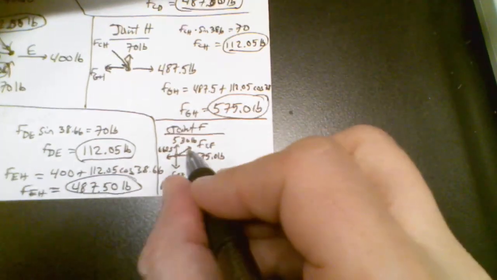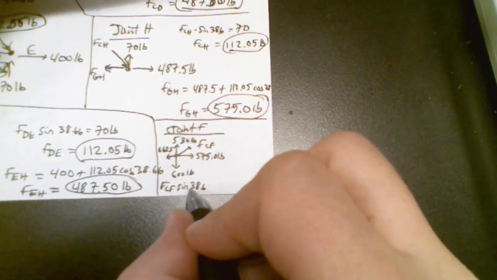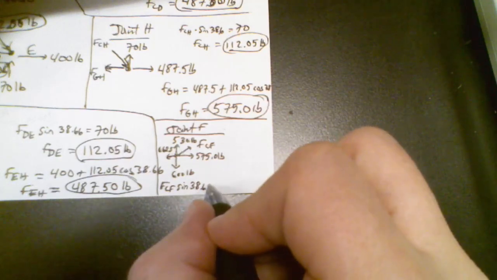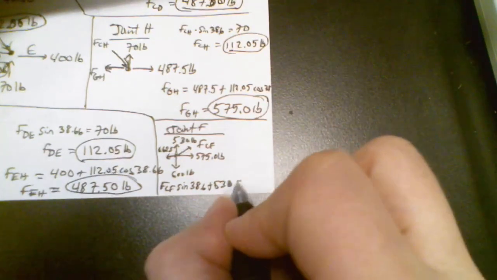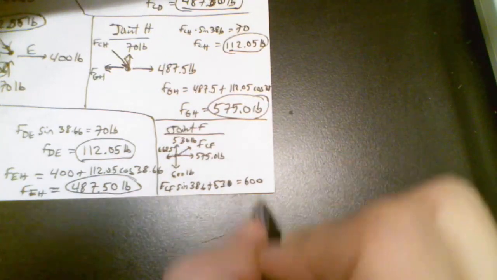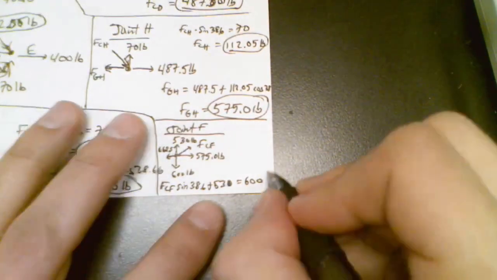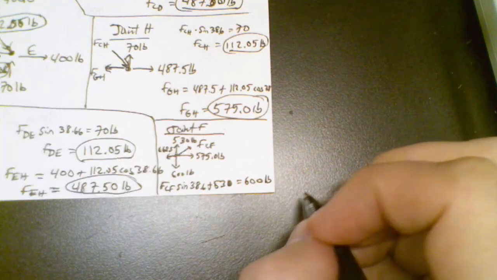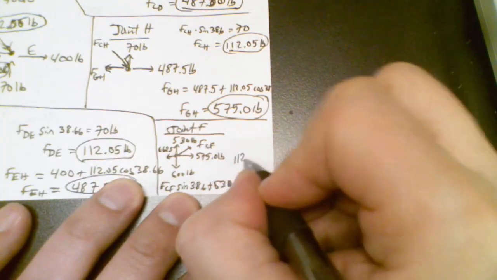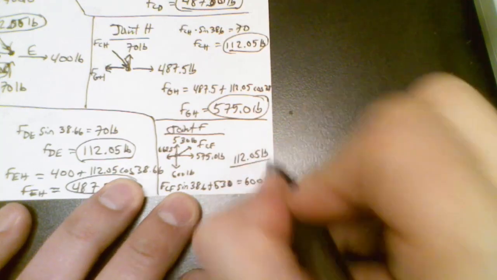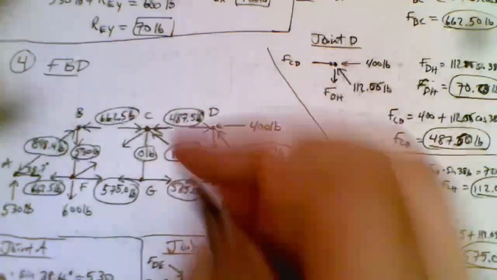So I'm going to do FCF times sine of 38.6 degrees plus 530 must equal 600. So you'll do your subtraction, you'll get 70, and divide by that, and we'll see a number we've seen before. It'll be 112.05.